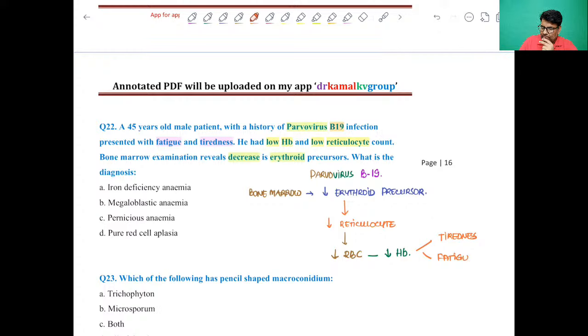So the patient is having anemia, and this anemia is exclusively because of the suppression of the erythroid precursor, and therefore we will call it pure red cell aplasia. This is just one form of aplastic anemia where there is suppression of only the RBC series. Clear? So parvovirus B19, please remember it for pure red blood cell aplasia. There is no synthesis or very less synthesis of the red blood cells.